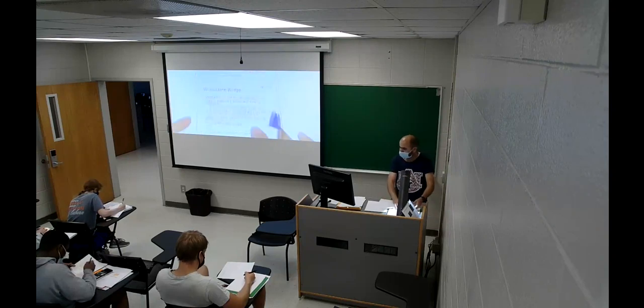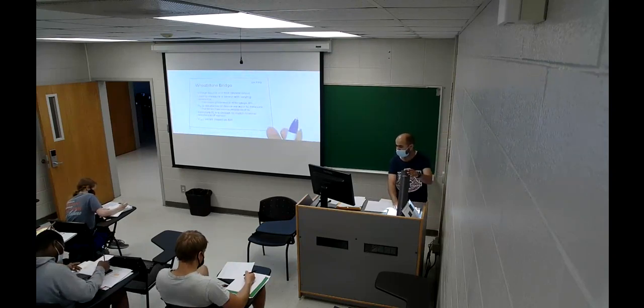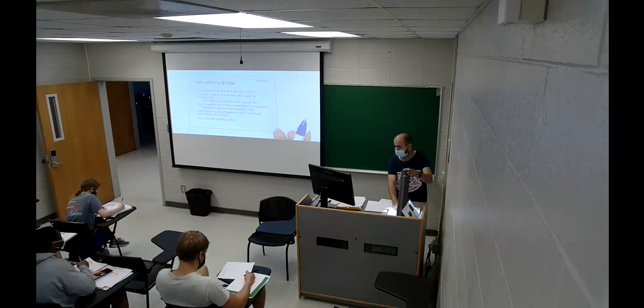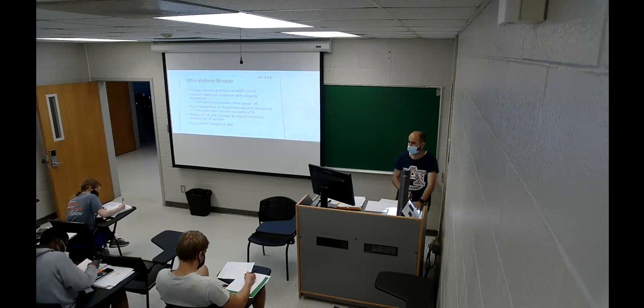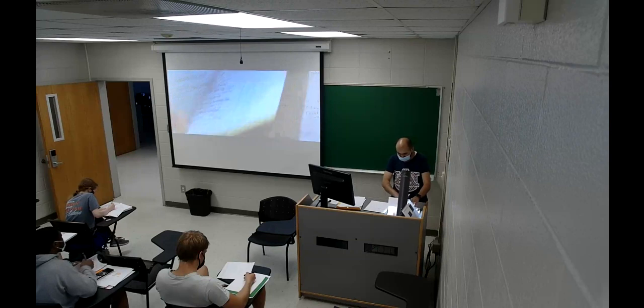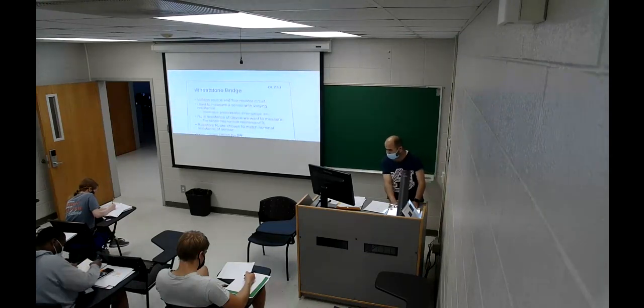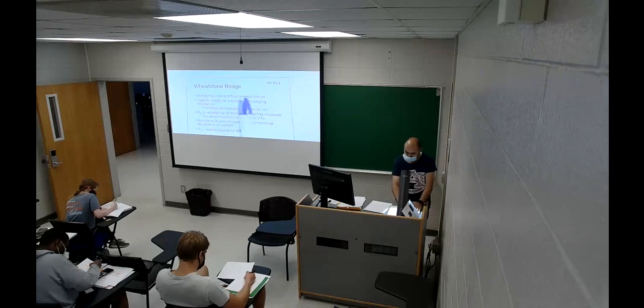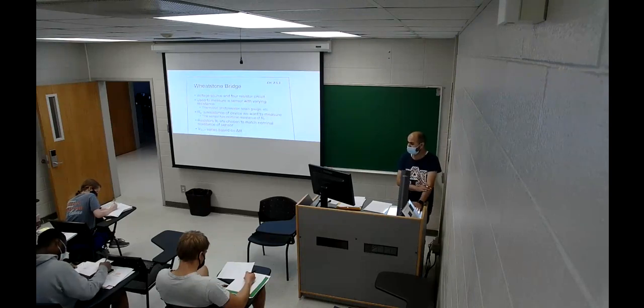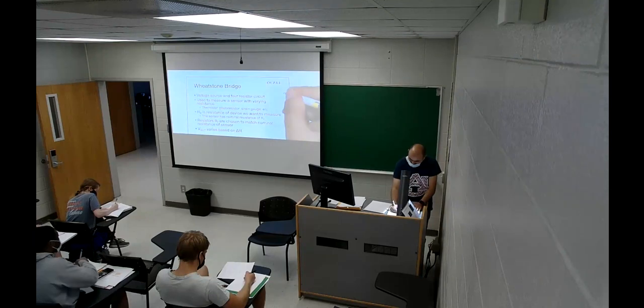And there is one application called the Wheatstone bridge. So what is the Wheatstone bridge and why are we using this? The Wheatstone bridge is usually a voltage source with 4 resistors. It's just the same equivalent circuit, and you need to know these equivalent circuits.